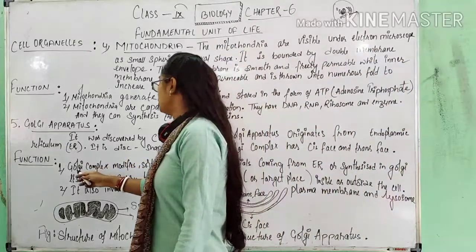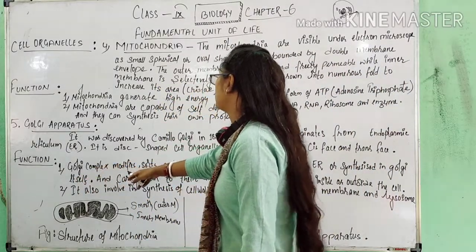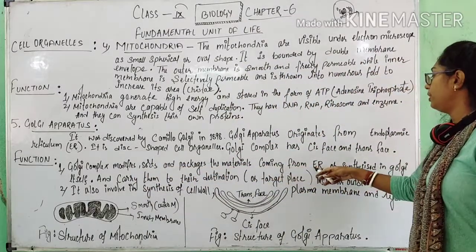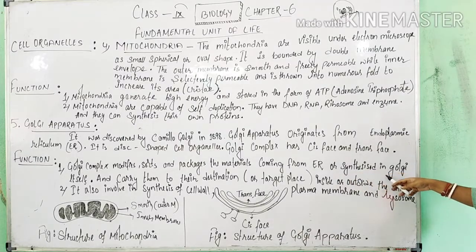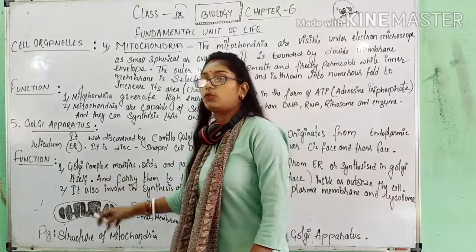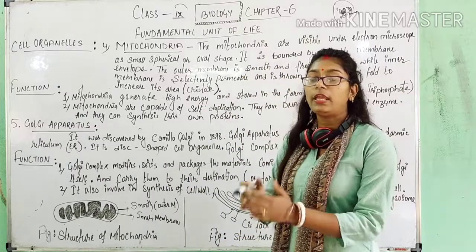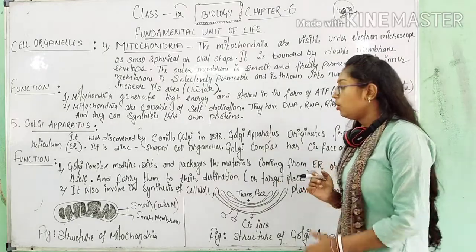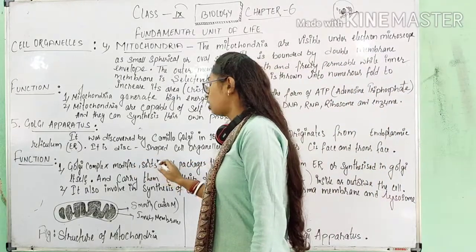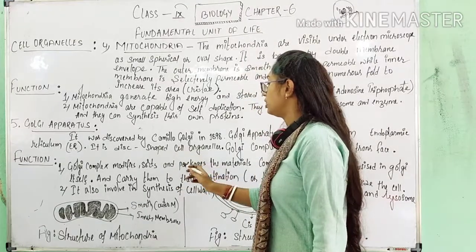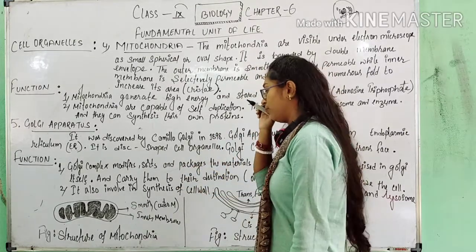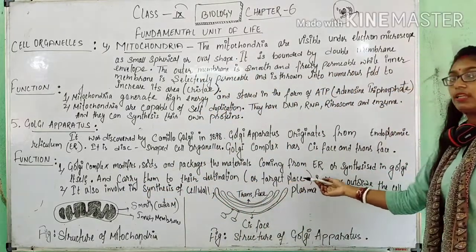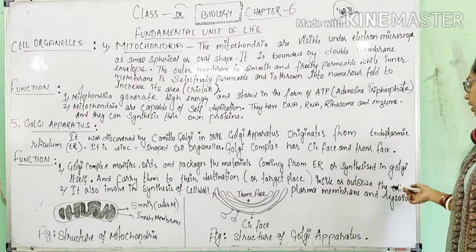So its function is Golgi complex modifies, sorts and packages the material coming from endoplasmic reticulum or synthesized in Golgi itself. तो बाहर से हो या अपने ही अंदर गोल्गी एपरेटस के अंदर ही जो भी फूड सिंथेसाइज करते हैं, ठीक है, उसी को क्या करते हैं, मॉडिफाई करते हैं, सॉर्ट करते हैं, इंपॉर्टेंट जो भी है सॉर्ट करने के बाद में उसको पैकेजिंग करते हैं, ठीक है, and carry them to their destination or target places inside or outside the cell.